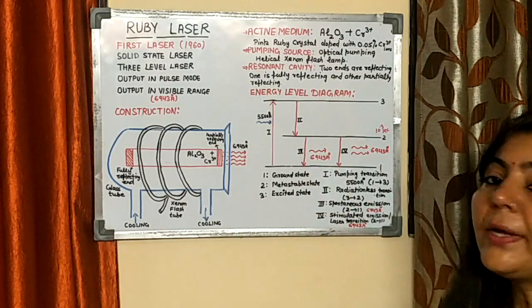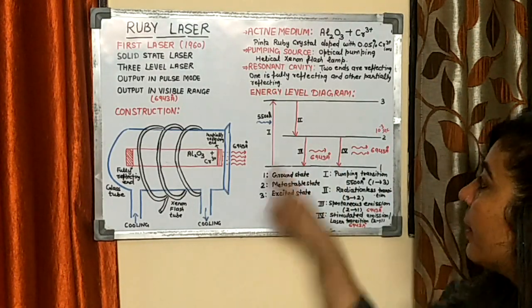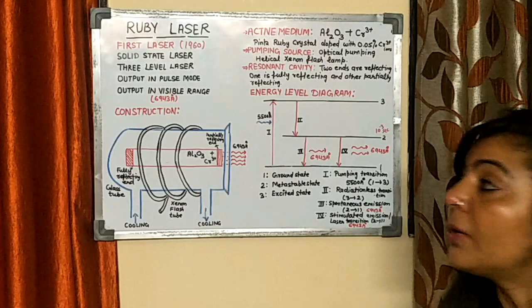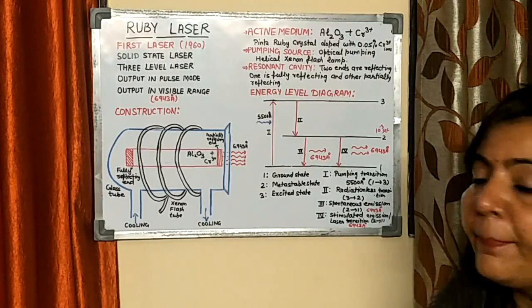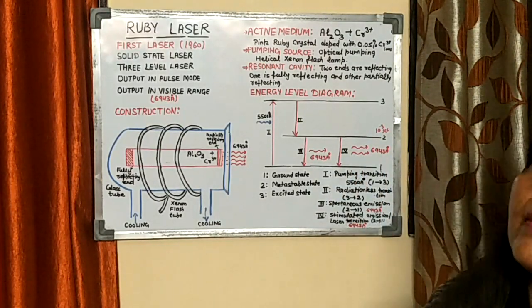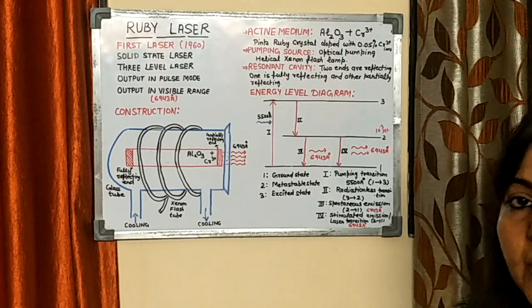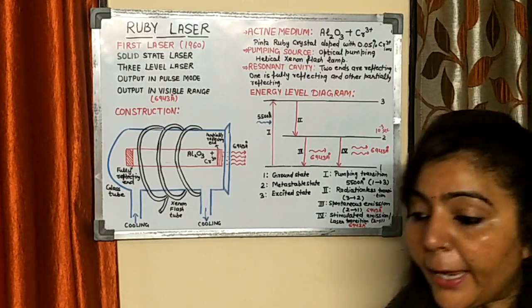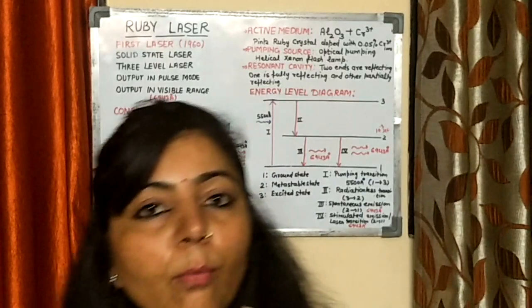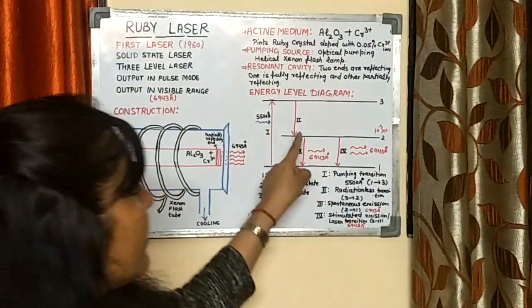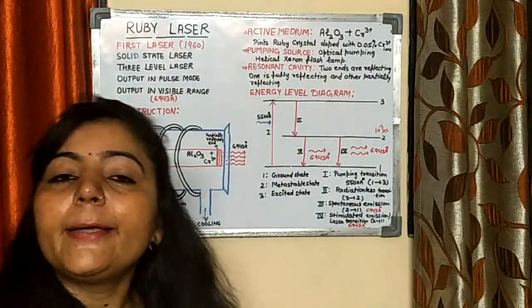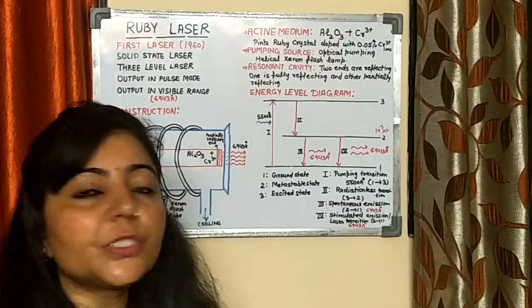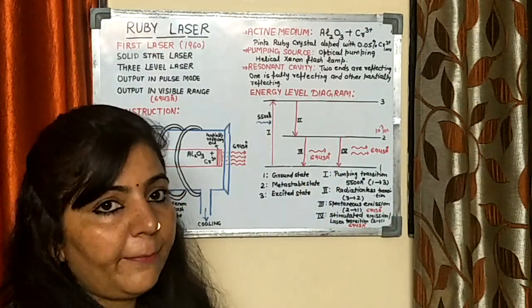And state 2, its population is increasing because from 3 chromium ions are coming down to 2. Now a time will come when there will be more chromium ions in the metastable state as compared to the ground state. And that particular time, when you have more chromium ions in the metastable state with respect to the ground state, will be the population inversion state between 2 and 1.